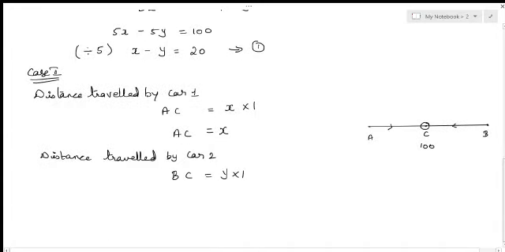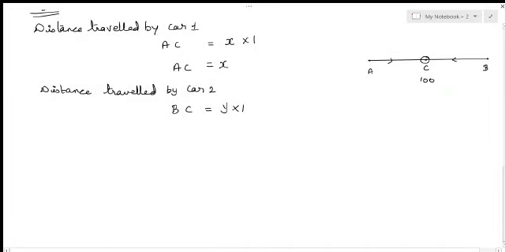So let me find out AB again. By seeing the diagram, you can tell me that AB equal to AC plus CB. You know that the distance AB is 100 kilometer. We have found AC as x plus CB as y. Let this be equation 2.